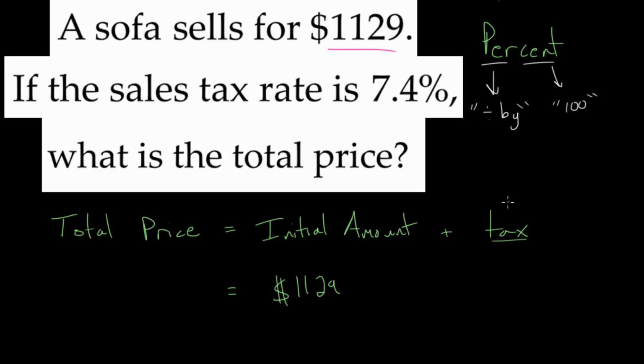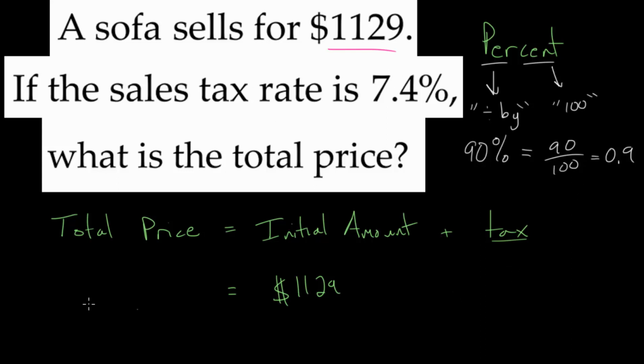And for per, you can think miles per hour or kilometers per hour, where to find miles per hour, you take the total amount of miles that you have driven, for instance, and you divide by the amount of hours it takes to do that. When you see per, think division. So percent literally just means divide by 100. If you see, let's say, 90%, that just means 90 divided by 100, or 0.9 as a decimal.